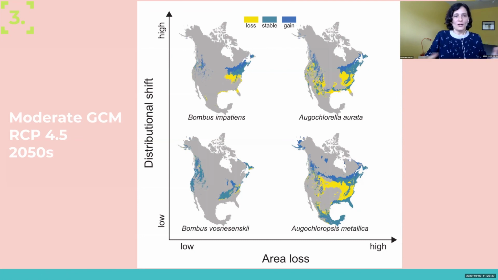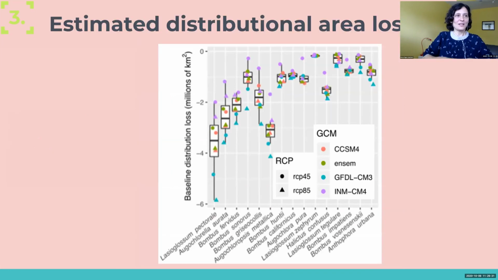So this was done for many species, for 14 species. I'm running out of time. Now, if we crunch all the variation into one graph for distributional area loss for just 2050, this is what it looks like. So we have on the x-axis the species that we work with, the 14 species.